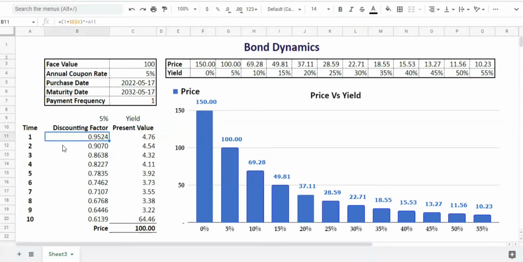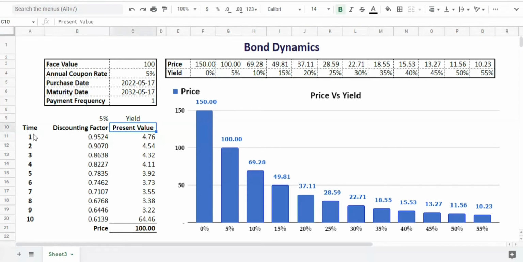It's very easy. As you can see in this formula, let's take this time period, starting from the first year to 10 years, since this is a 10-year bond as per this example, and only one coupon payment is occurring per year. So these are the discount factors and these are the present values.